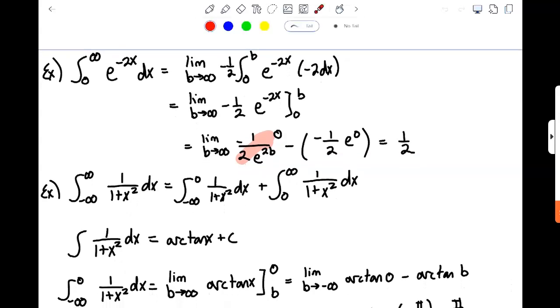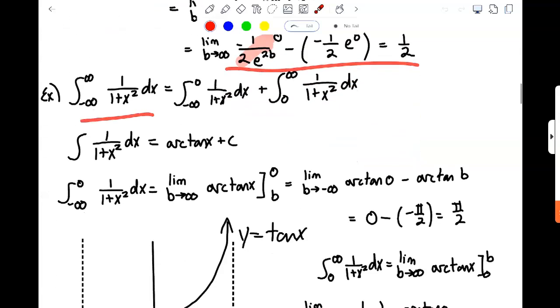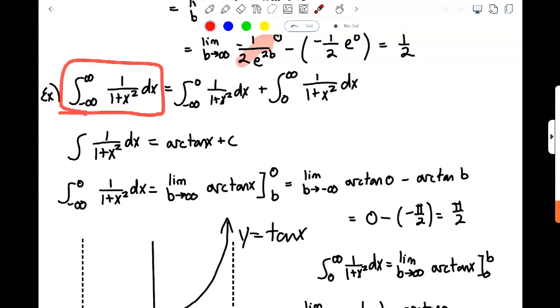Some other examples here: e to the minus 2x, where we eventually saw that it went to 1/2. Then 1 over 1 plus x squared. We did that one both ways, from minus infinity to infinity, so we actually had two different integrals to look at, minus infinity to 0 and 0 to infinity.